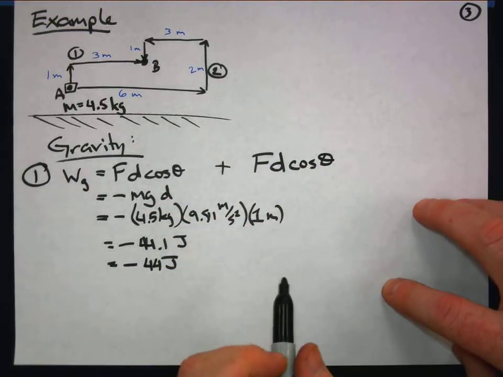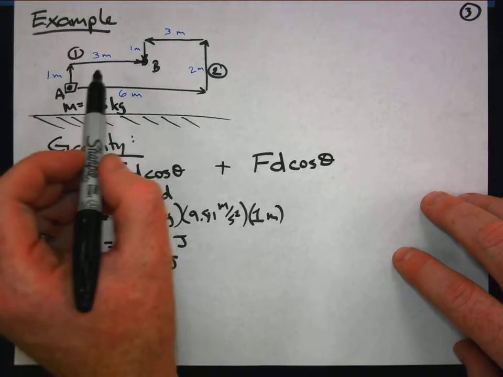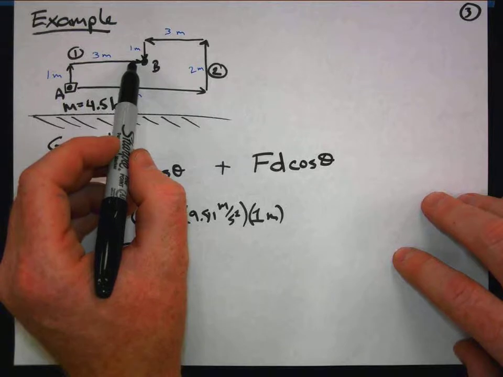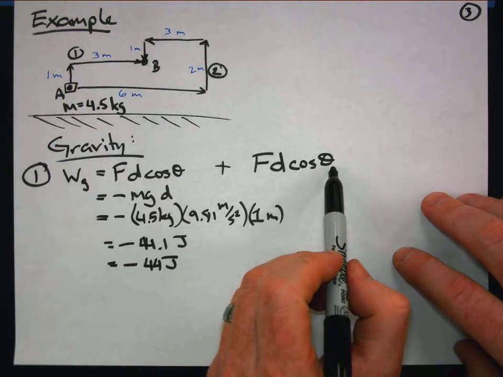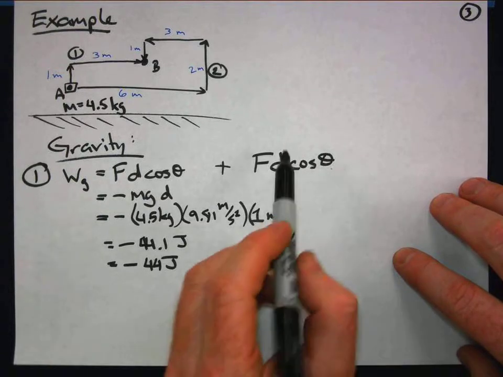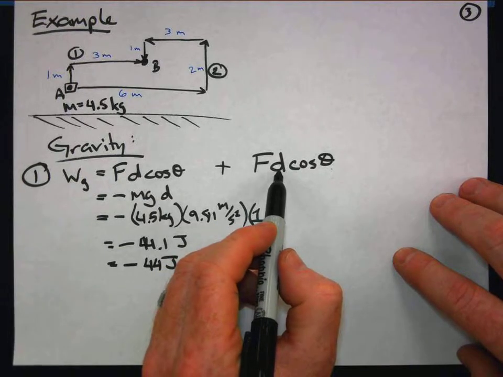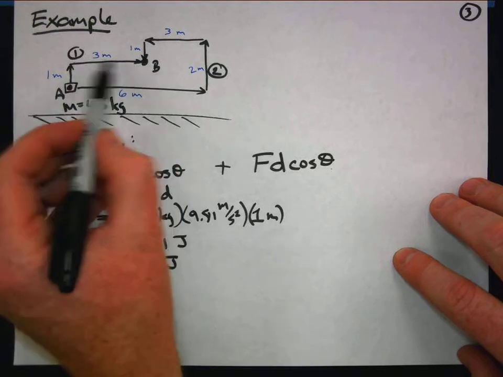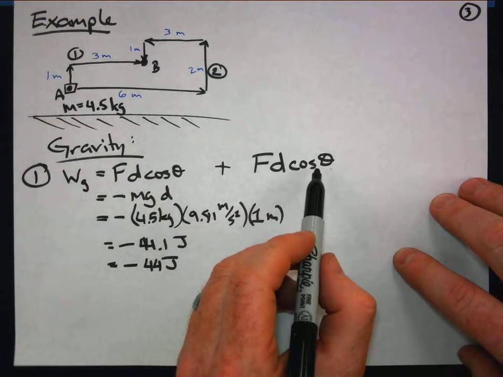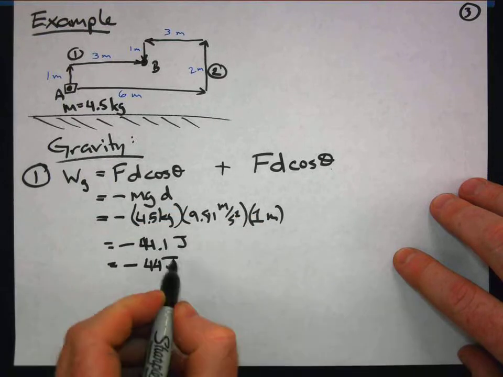But look what's going on. If the weight is pulling down, but our distance is to the right, the angle between those two is 90 degrees. The cosine of 90 is 0. So regardless of the force and the distance, it doesn't matter how far this segment is, doesn't matter how long that is. We're multiplying by 0, so this simply becomes 0.